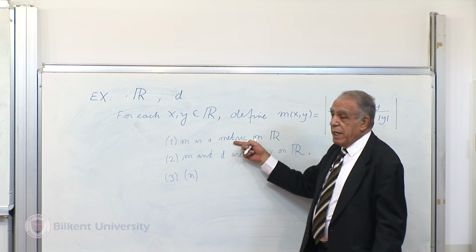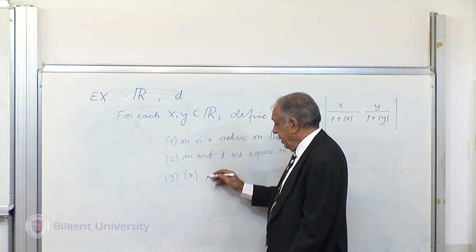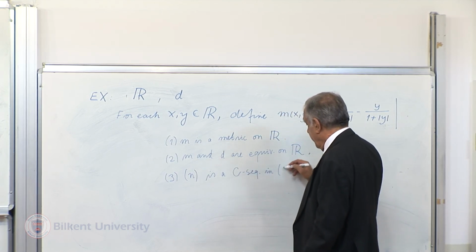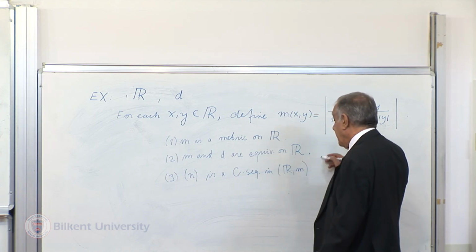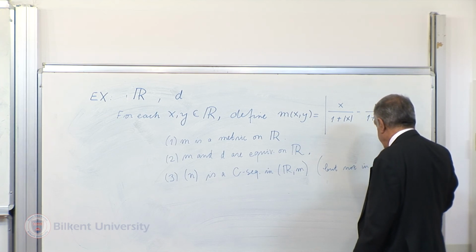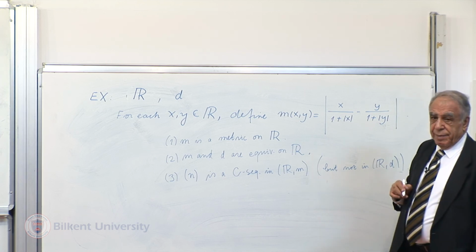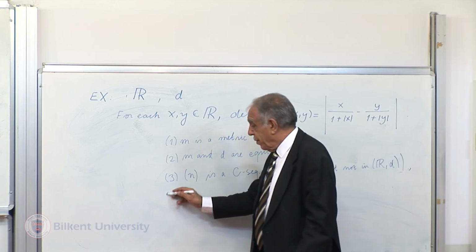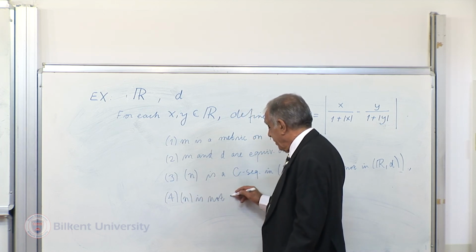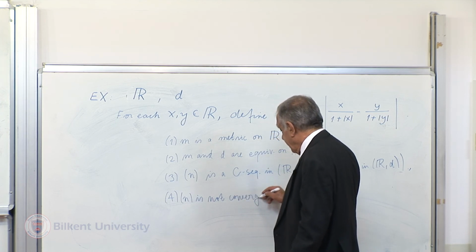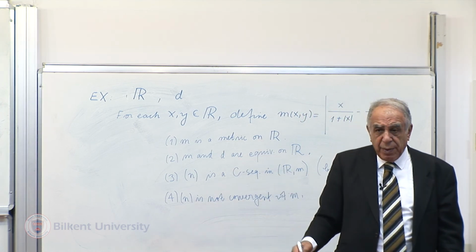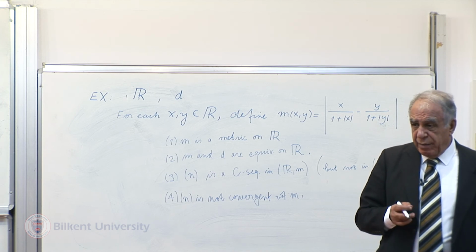This turns out to be a Cauchy sequence in R with M, but not in R with D. And fourth, N is not convergent with respect to M. So here you have a Cauchy sequence which is not convergent.